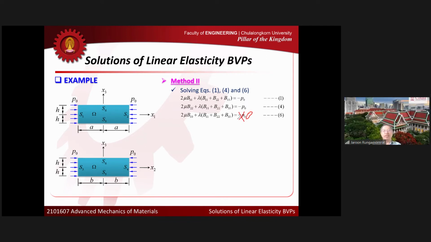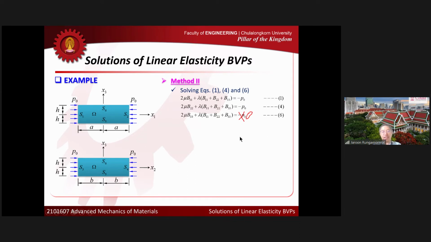In equation 6, the term on the right hand side is 0 because we don't have traction applied in the x3 direction. Thank you very much for pointing out that error. So we have all 3 equations here, and now we can solve them simultaneously.